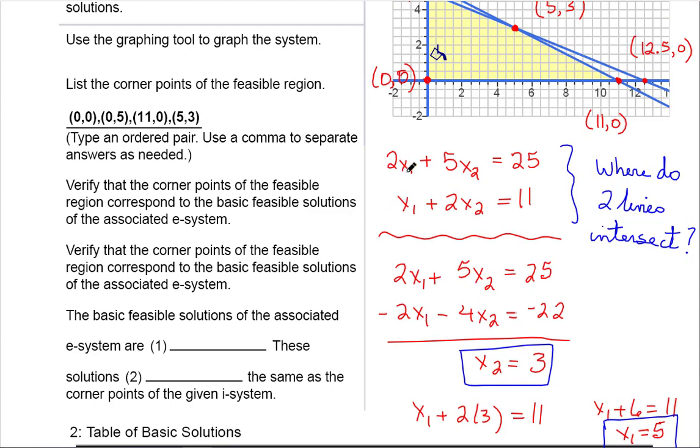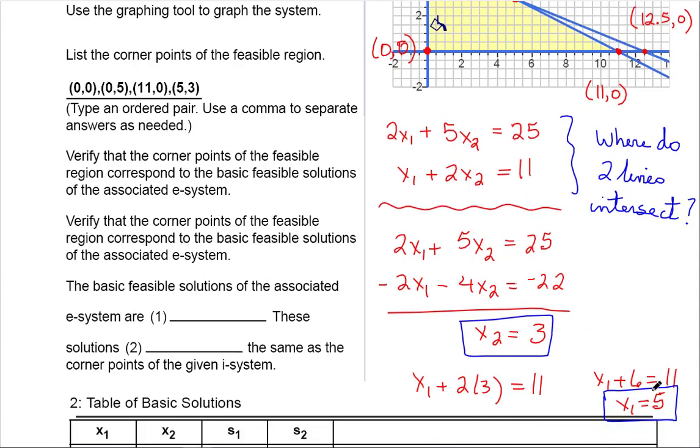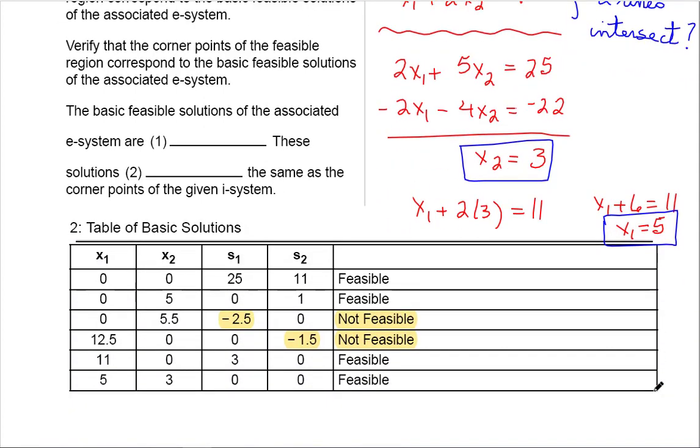I'm going to eliminate x1, multiplying through by -2, adding, and I get x2 is 3 and x1 is 5. And so you can see the feasible are the ones we talked about. The not feasible have negative parts in them, and that's why they are not feasible.